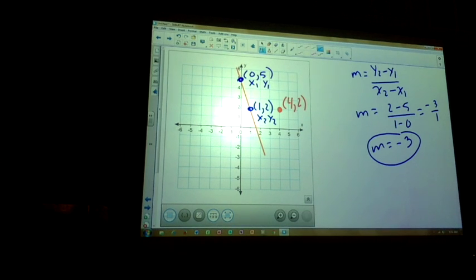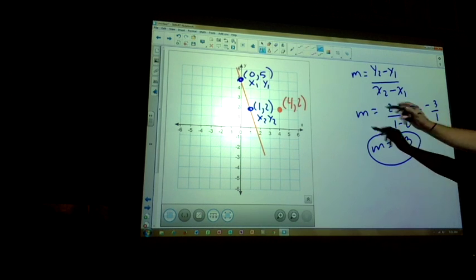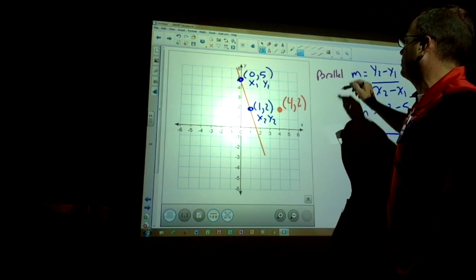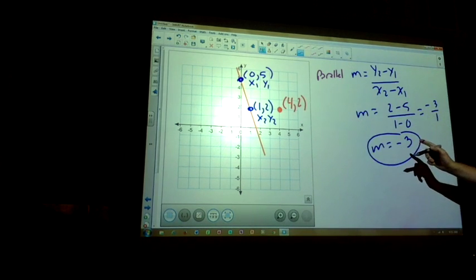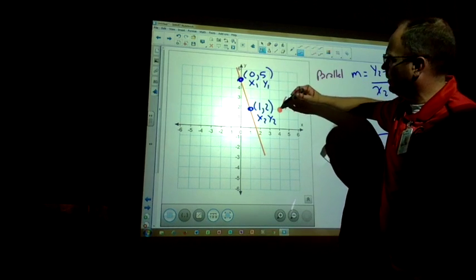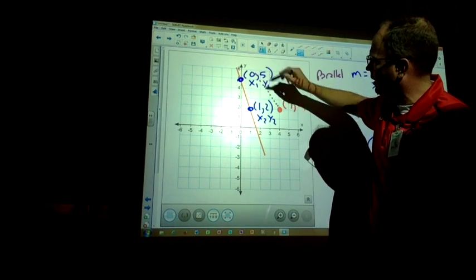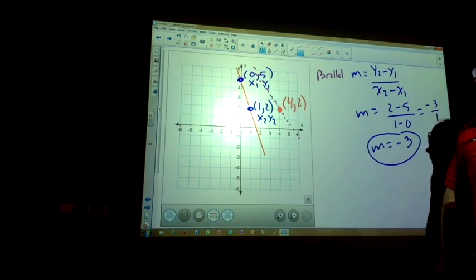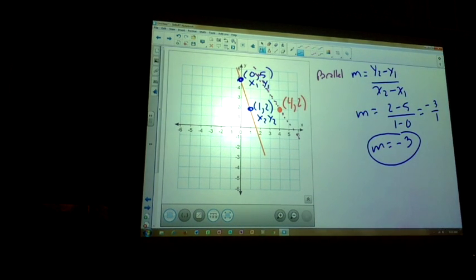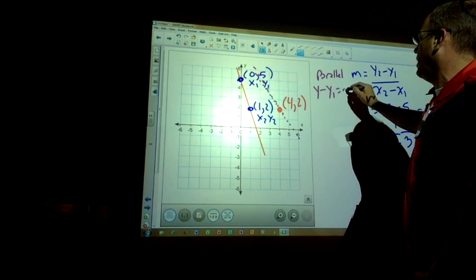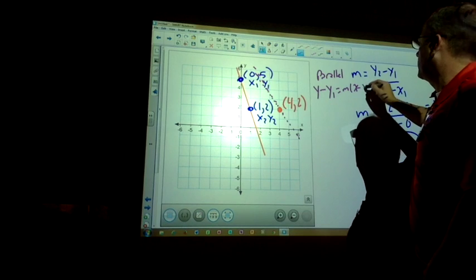So this is what we want. We would like to find, and I'll do the parallel in the purple, the equation that's parallel to this line that goes through this point. So technically this would be a line that's doing kind of this, right? Okay, so parallel means I'm going to go y minus y1 equals m times x minus x1.